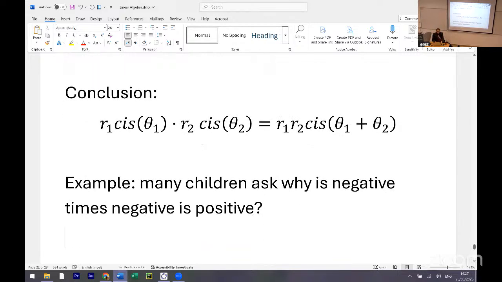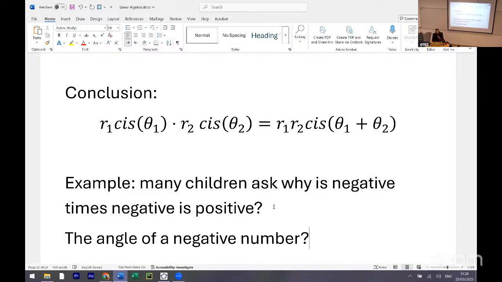And what is the angle? The angle of a negative number, right? Even if we have only the straight real line, what is the angle of the positive numbers? 0, right?